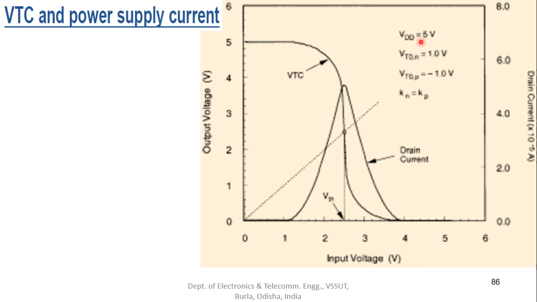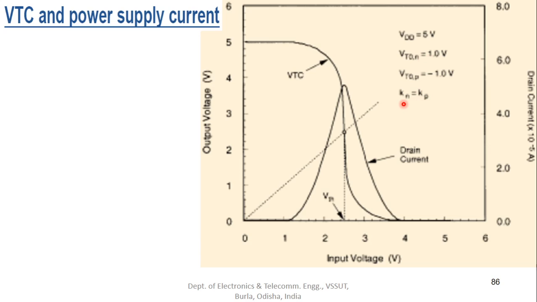For this particular example, VDD is equal to 5 volts, the threshold voltage for the NMOS, VT0N, is 1 volt, and the threshold voltage for the PMOS is -1 volt. So their magnitudes are the same, but one is of positive polarity and the other of negative polarity. And Kn is equal to Kp, so the respective K parameters are taken to be equal.